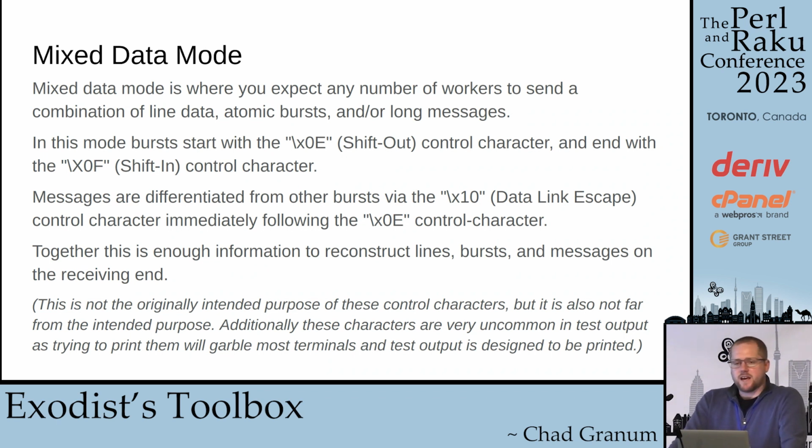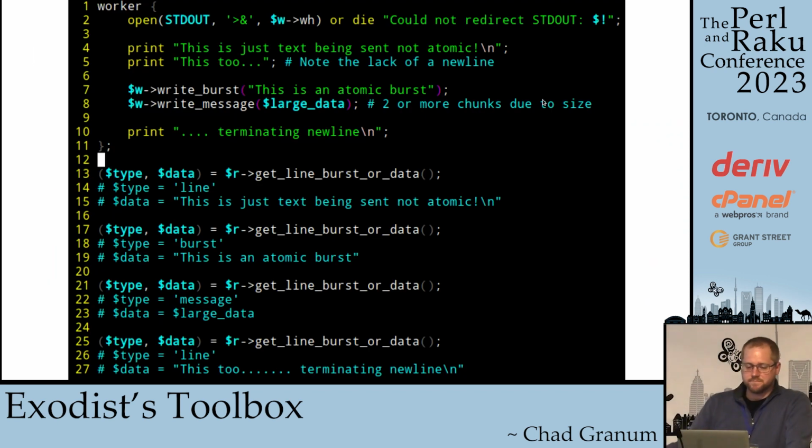Most of the time, these characters will not conflict with anything that you need to send, unless you're sending binary data, at which point you're going to have to encode it first. But with this, you have everything you need to reconstruct regular lines that were printed, bursts, and messages. So no, not the original use of these characters, but close enough that it makes sense.